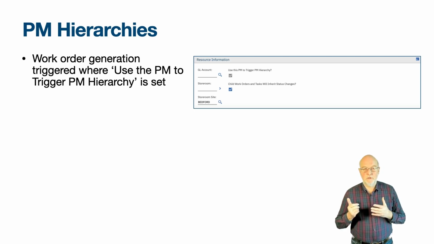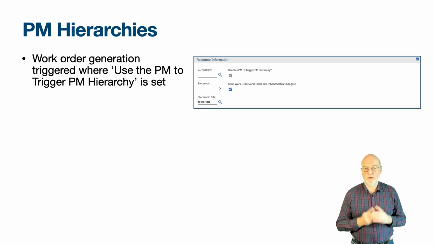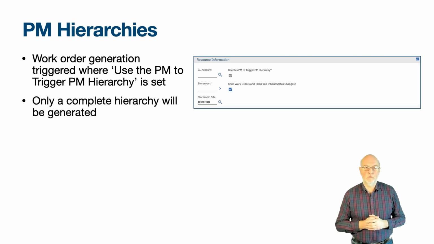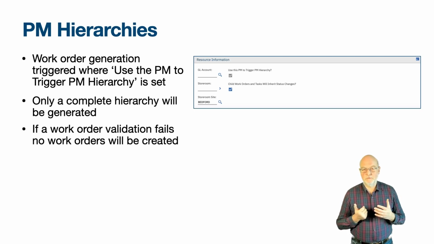If the earliest next due date of a PM in the hierarchy, where Use this PM to trigger PM hierarchy is set, is today or earlier, then Maximo will generate a complete work order hierarchy and not part of it. If a validation fails during work order creation, then generally no work order will be generated. The field Use this PM to trigger PM hierarchy will be found in the Resource Information section at the bottom of the main tab.